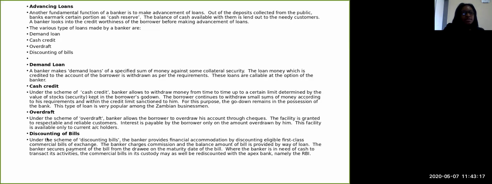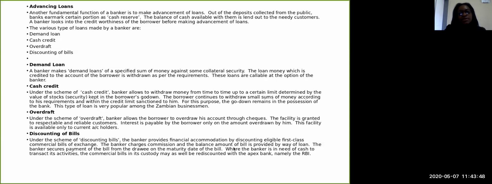The next is discounting of bills as a type of loan. Under this scheme of discounting bills, the banker provides financial accommodation by discounting eligible first-class commercial bills of exchange. The banker charges commission, and the balance amount of the bill is provided by way of loan.